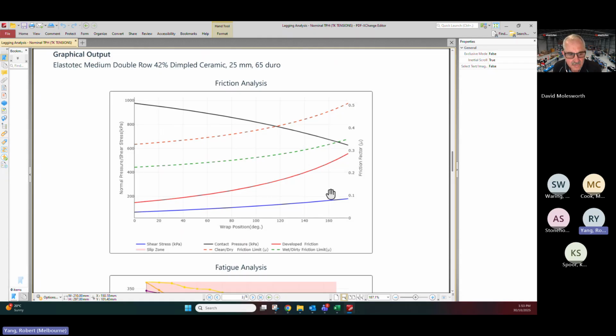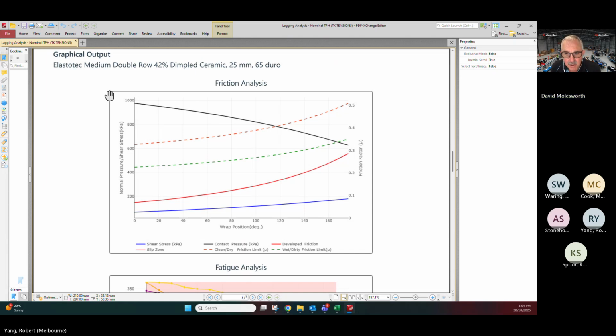I was speaking to Mariana about this a couple of months ago, and she was saying that this is more for localized slip analysis. Not so much working out the friction coefficient we should be using for take-up sizing. Is that correct? That's correct. In Lagging Select, we have a variable friction algorithm.